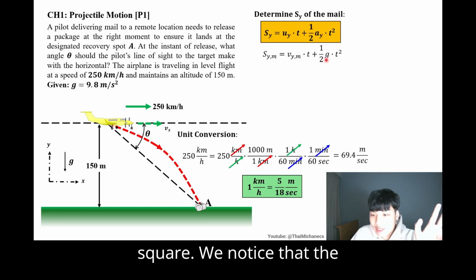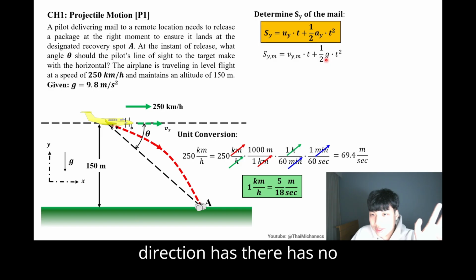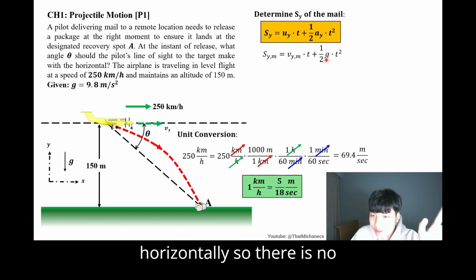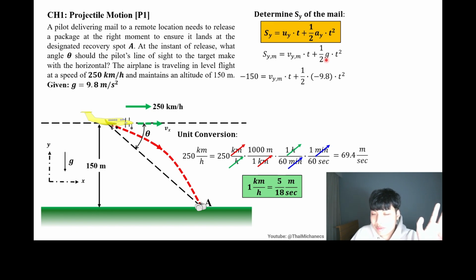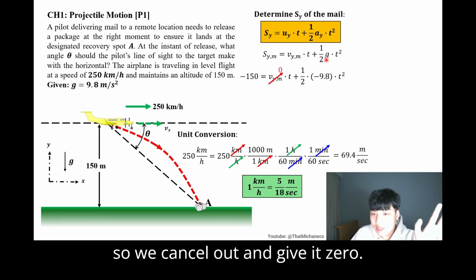We notice there is no information about velocity in the y direction. The plane flies horizontally, so there will be no velocity in that term, so we cancel it out and give it 0.